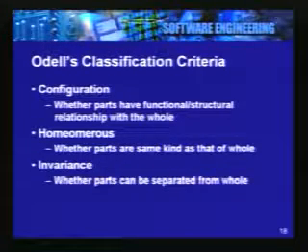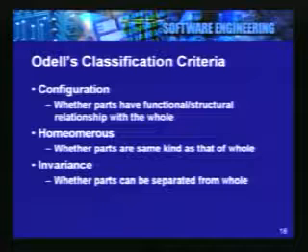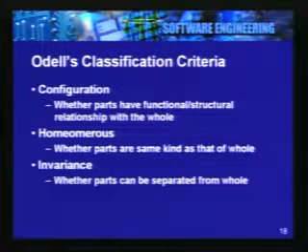There has been a lot of discussion in literature about part whole hierarchies and the part whole relation as such. But we will look at one specific description given by Odell. Odell applied these criteria to classify different kinds of part whole relations. There are many kinds of part whole relations.